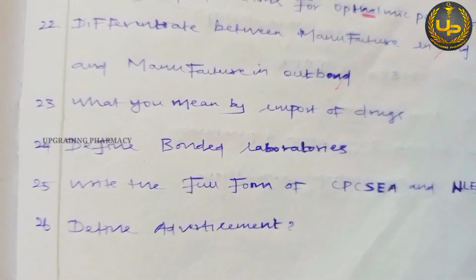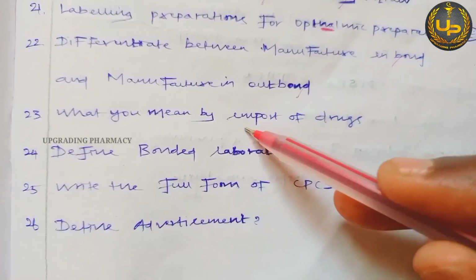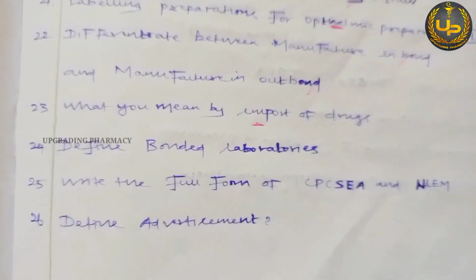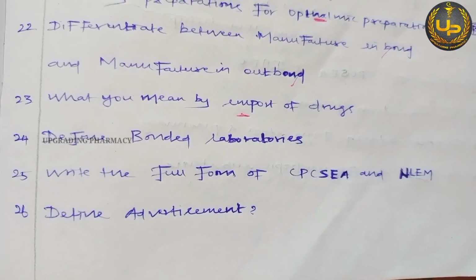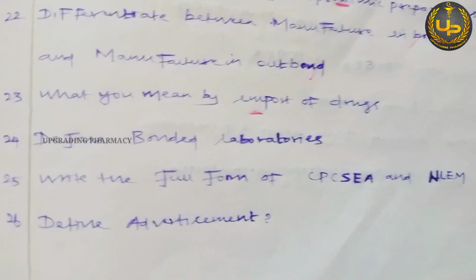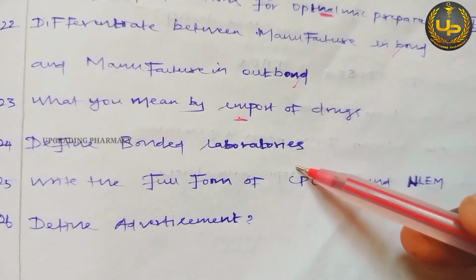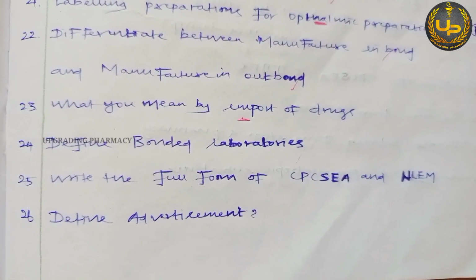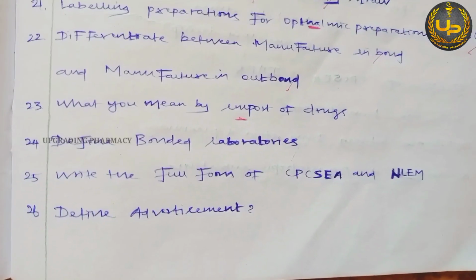Next, 23. What do you mean by import of drugs? What does the term import of drugs mean? Very simple question. Next, 24. Define bonded laboratories. In bonded laboratories, we pay the excise duty on selling of spirits. Next, 25.